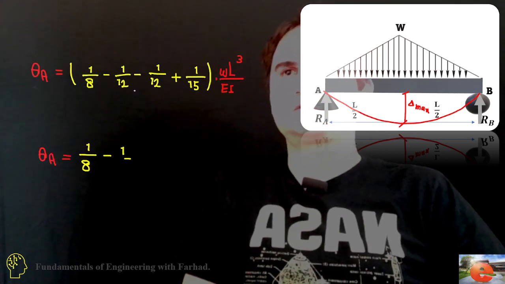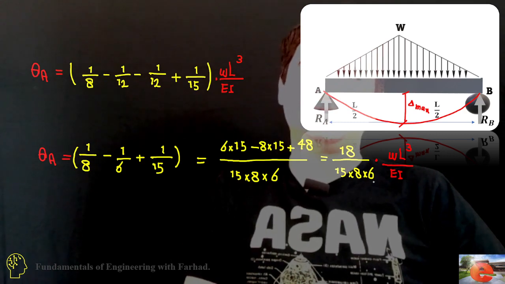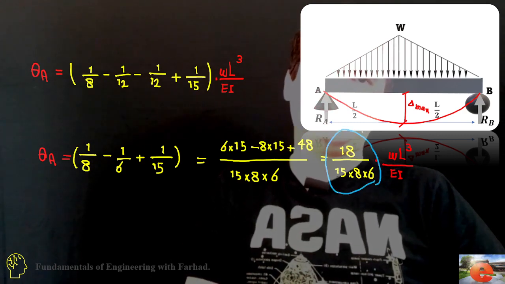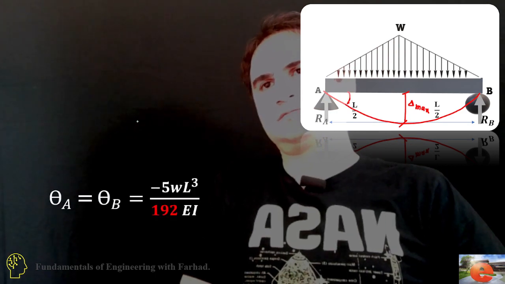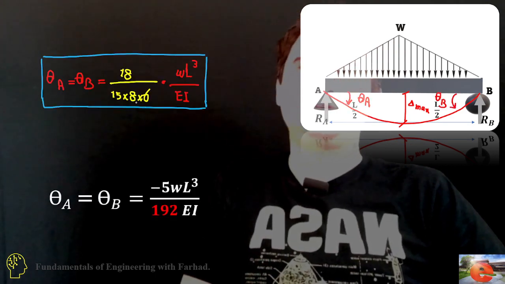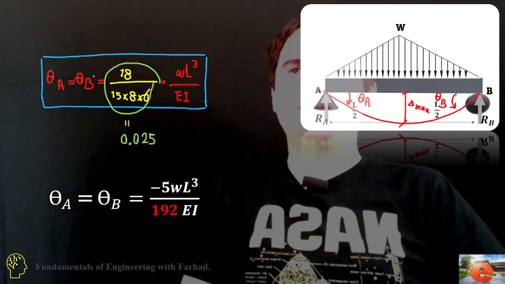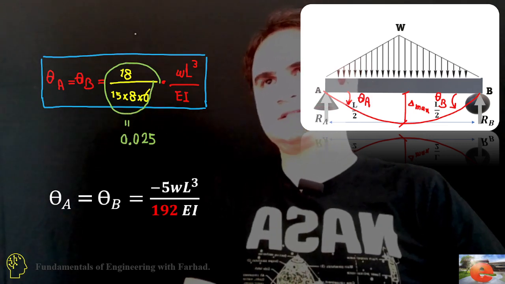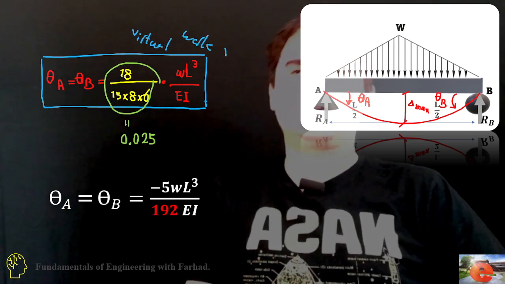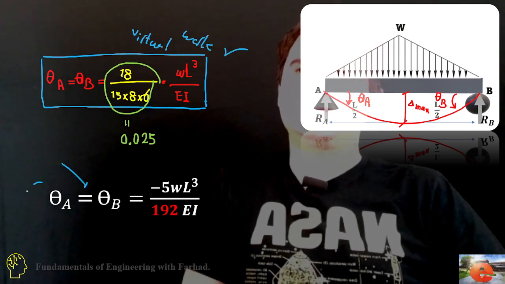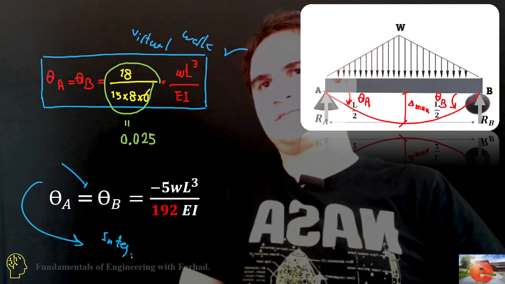And if you do so, it gives you theta at A is equal to this number times WL cubed over EI. If you make a comparison between the answers for theta at A and theta at B, this is from the virtual work method from structural analysis, and this is from the integration method.